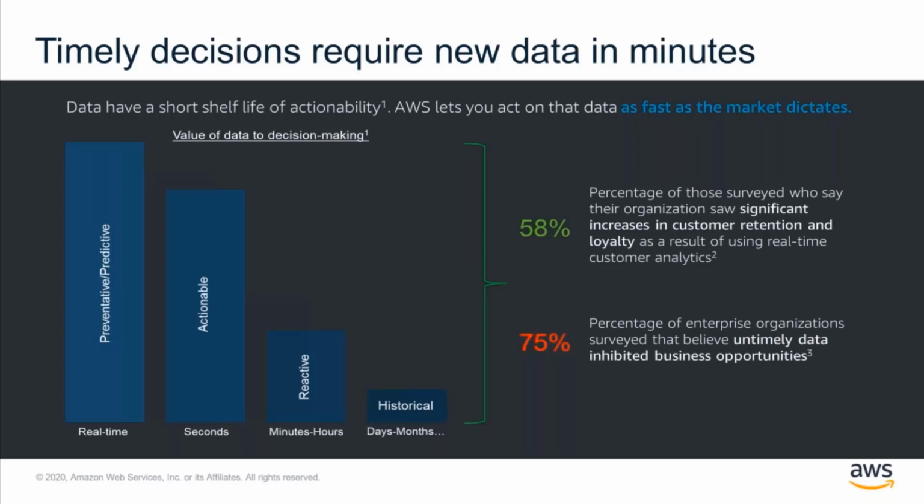When the business was okay to look at historical data to make decisions on a monthly or a daily horizon, the idea of running a batch job at the end of the day, collecting data, transforming the data, and then loading it so that business can derive insights worked really well.